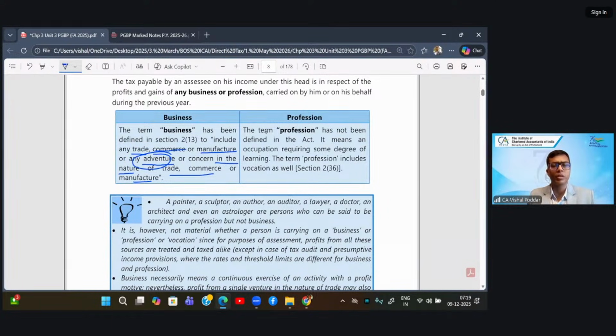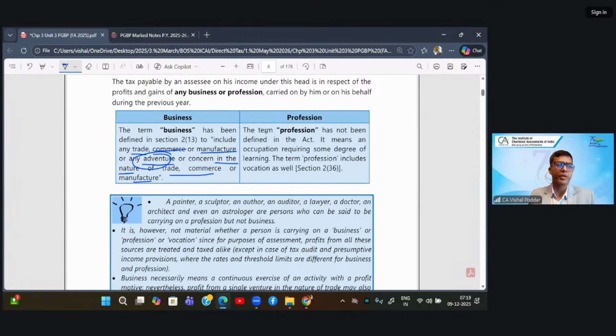Adventure means something which is done on a trial basis, which is one time, which may not be continued. So let us say you set up a cafe this year, but it gets closed down in a year or two. Still, in the year in which the cafe was running, you will consider it in PGBP only. It will not go to other sources.